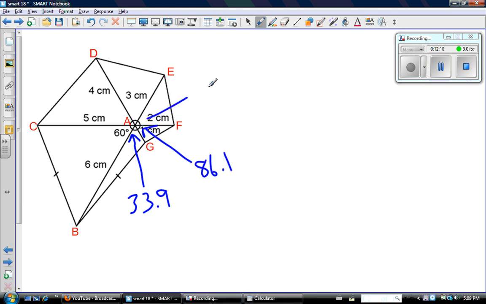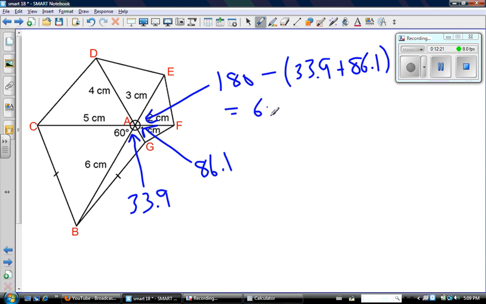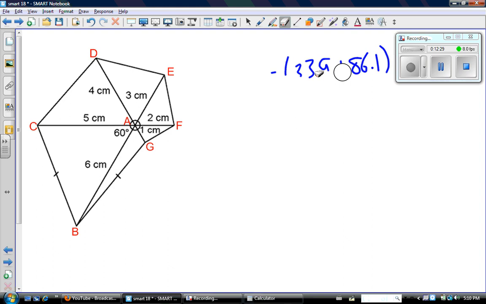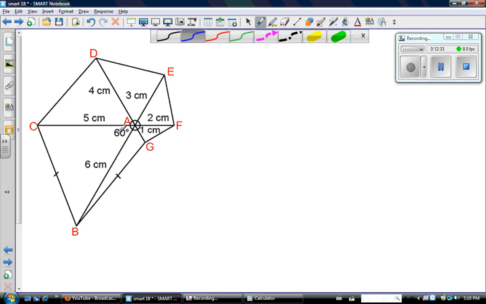Therefore, we can find this angle here by doing 180 minus the sum of those two angles, and we're going to get 60 degrees. I could have done that much faster by using the opposite angle theorem, which tells me that this angle here is opposite this angle here, so they must be the same.